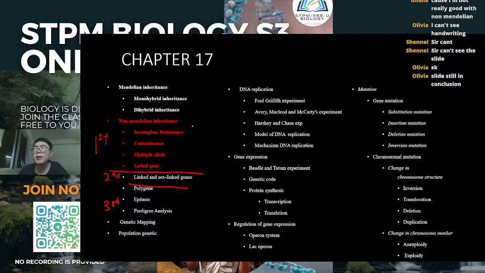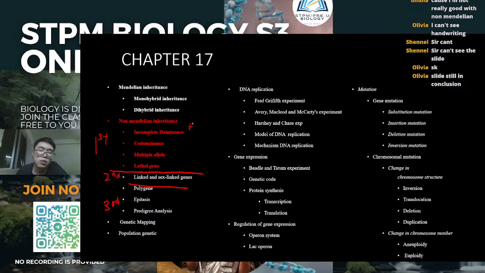You can make a comparison with the ratio of the Mendel one. So incomplete dominance is when the offspring has a trait somewhere between the parents. So it stands in the middle. One of the examples is snapdragon.